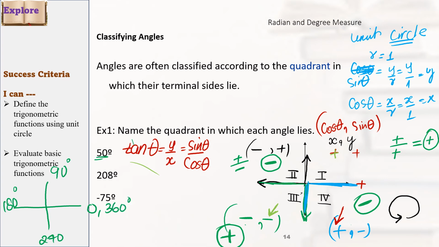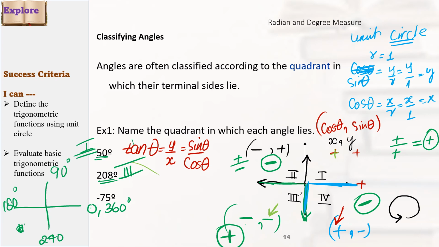So 50 degree is between 0 and 90, so it is the first quadrant. Now 208 degree is in the third quadrant. The reason is that 208 lies between 180 and 270 degree. So this is the first, this is the third.